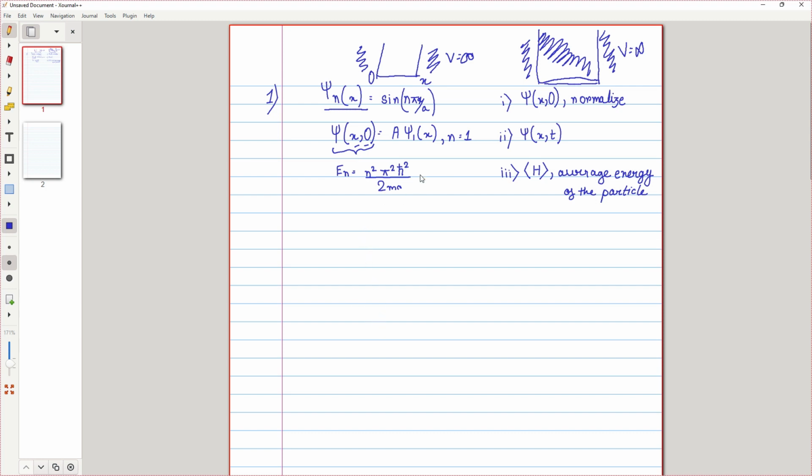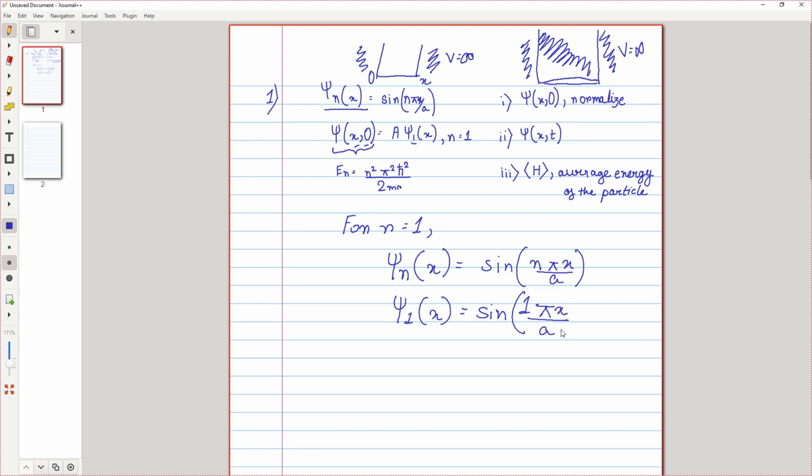It is said that it is the n is equal to 1 state. So for the n is equal to 1 state, the wave function comes out to be sine n pi x by a, so n becomes 1, which can also be written as sine pi x by a.